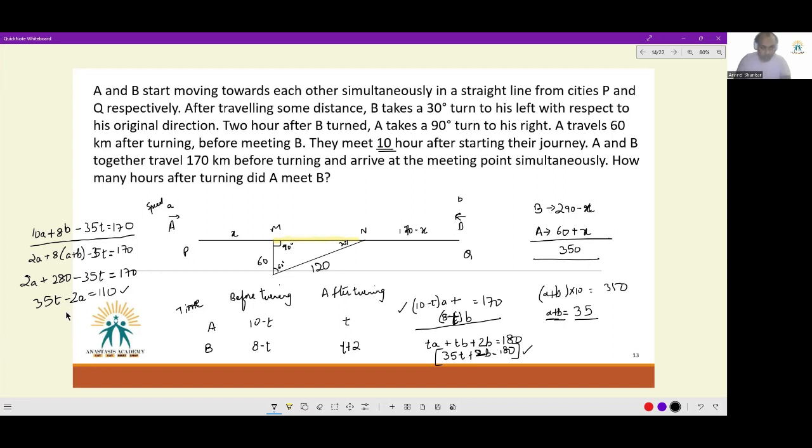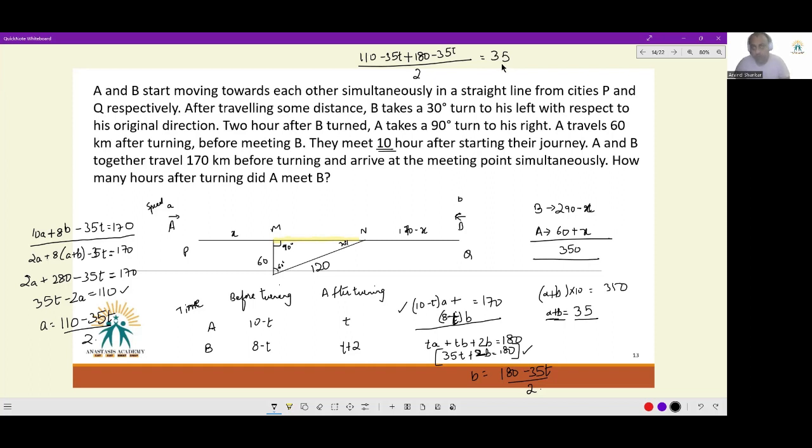I think I'll have to go down this path. A is equal to 110 minus 35T by 2. B is equal to 180 minus 35T by 2. I'll have to put that in A plus B is equal to 35. 110 minus 35T plus 180 minus 35T by 2 is equal to 35.